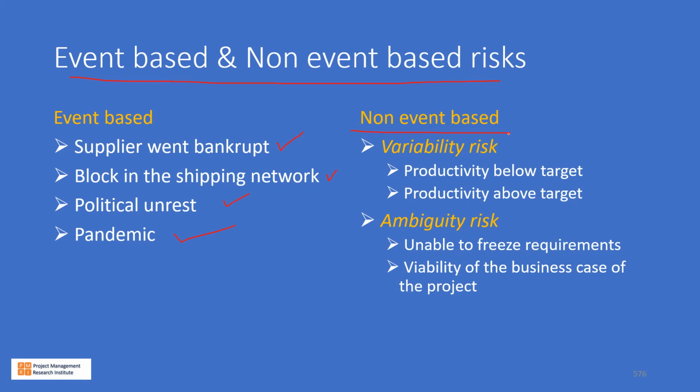These things happen gradually. It is a variability risk, like productivity below target, productivity above target. And then we have ambiguity risk, that is being unable to freeze the requirements and viability of the business case of the project are ambiguity risks. So basically two types, event-based risk and non-event-based risk.